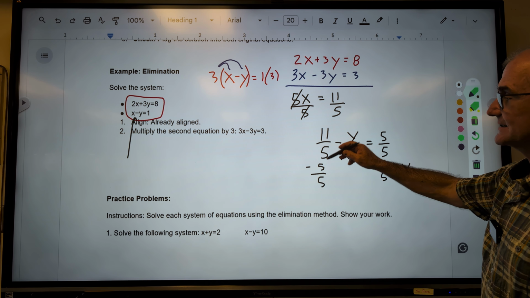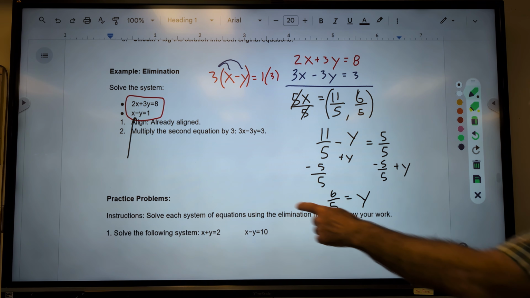My ordered pair is now fractional. x is 11/5. y is 6/5. And that's my solution. Let me double check that. x is 11/5 minus 6/5 is 1/5, which is going to work in that equation.